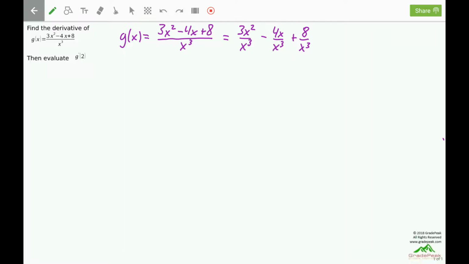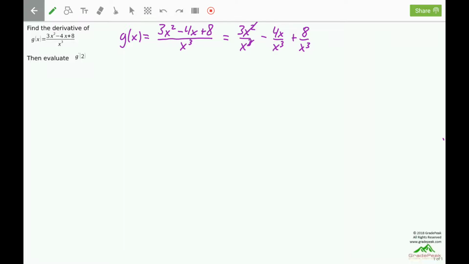The first two terms, we can cancel some of the x's out. The first term, there's an x squared, 2 x's in the numerator, and an x cubed, or 3 x's in the denominator. We can cancel the 2 from the numerator with 2 of the 3, leaving us with an x in the denominator there. 3 minus 2 is 1, and that's why we get x to the 1. You're subtracting the exponents there.